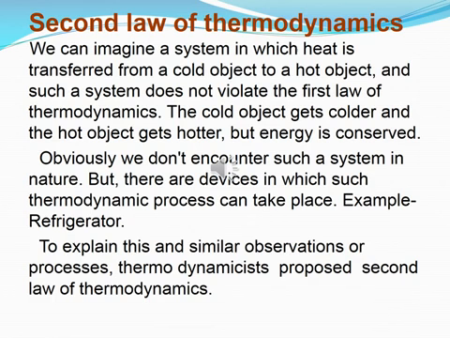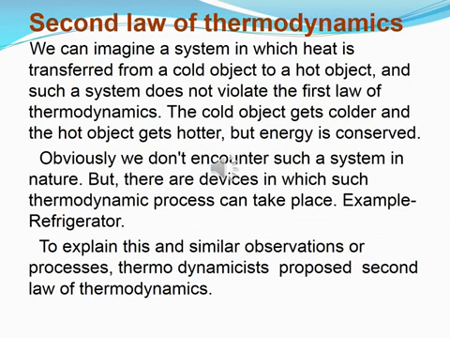For example, if we bring a hot object into contact with a cold object, we observe that the hot object cools down and the cold object heats up until an equilibrium is reached. The transfer of heat energy goes from the hot object to the cold object.